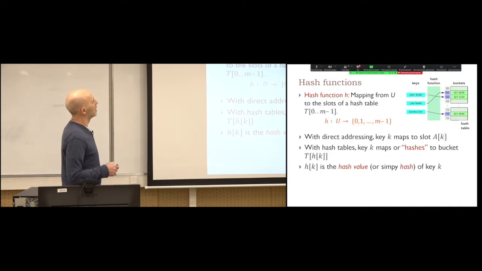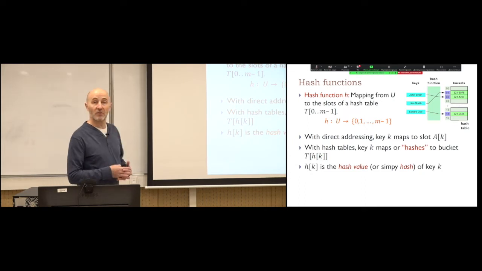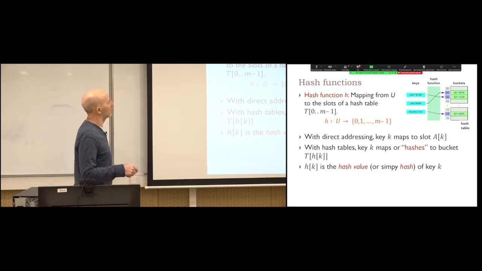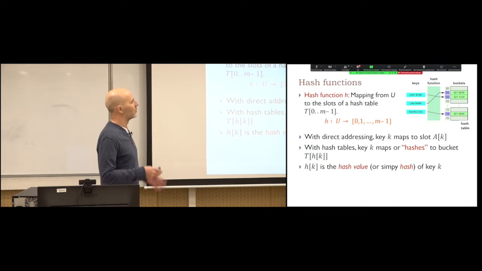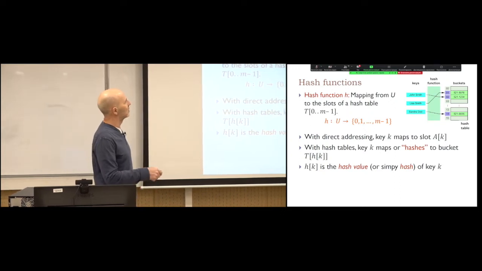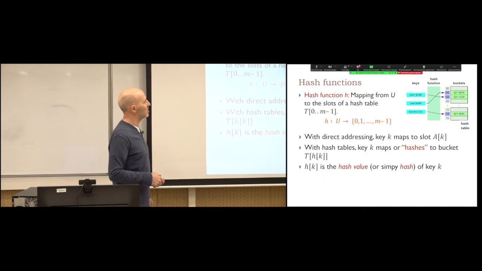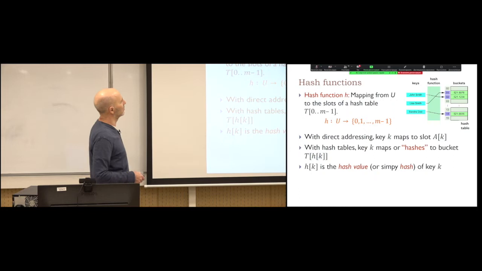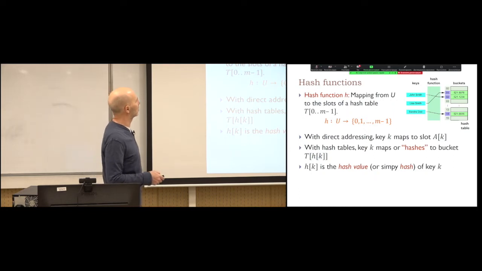The key ingredient of hash tables are, of course, hash functions. Hash functions provide a way to access the object. The hash function tells us in which bucket of the hash table, which is simply an array, our object is stored.